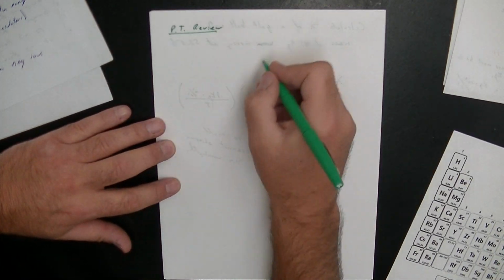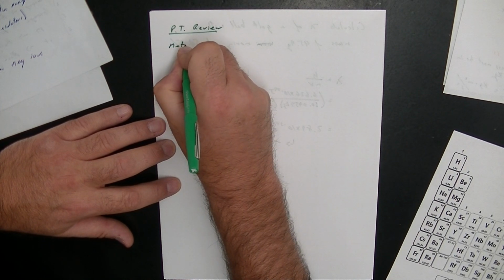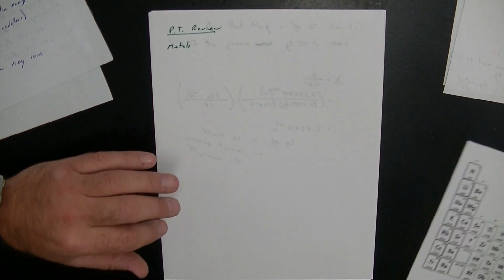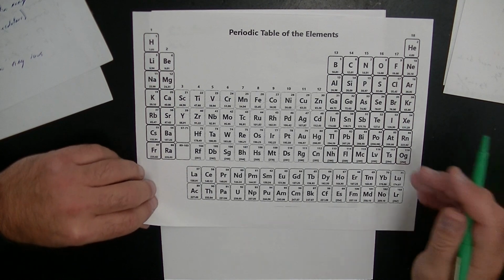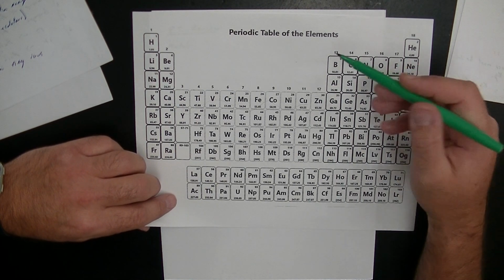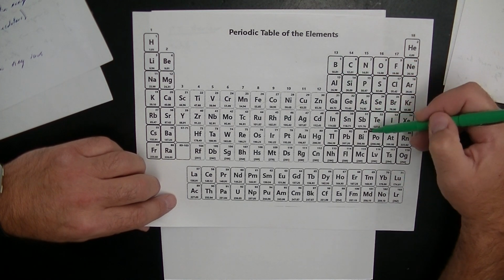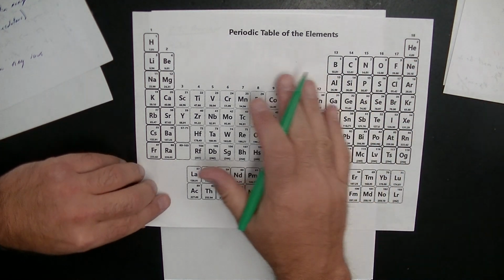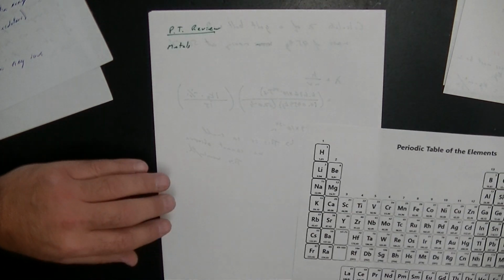First of all, I want to review the metals. On the periodic table, the metals are left of the staircase. Remember, the staircase sits here.